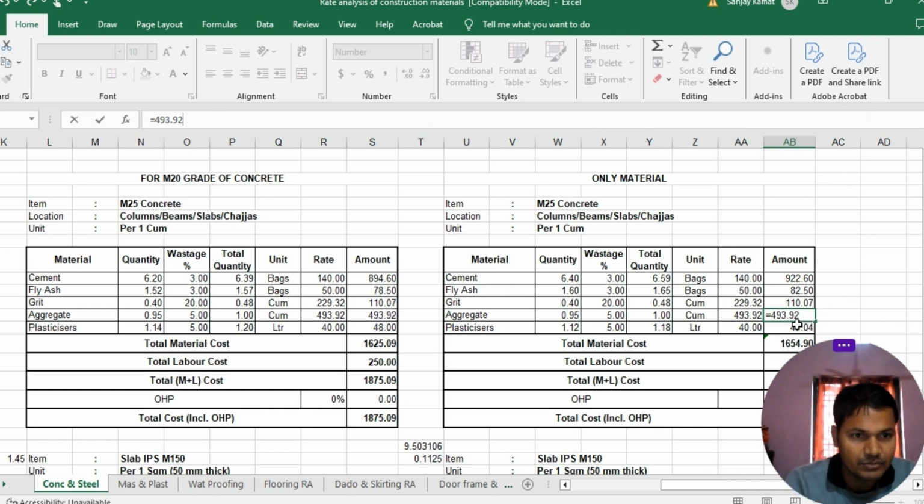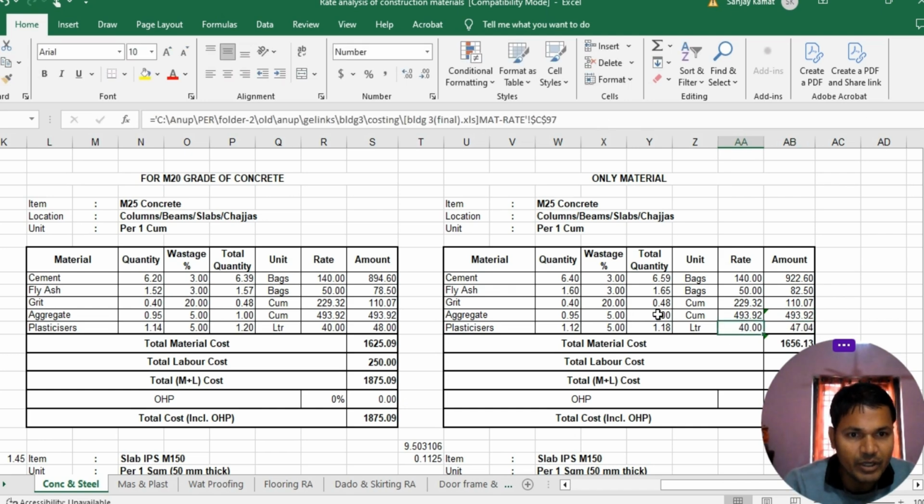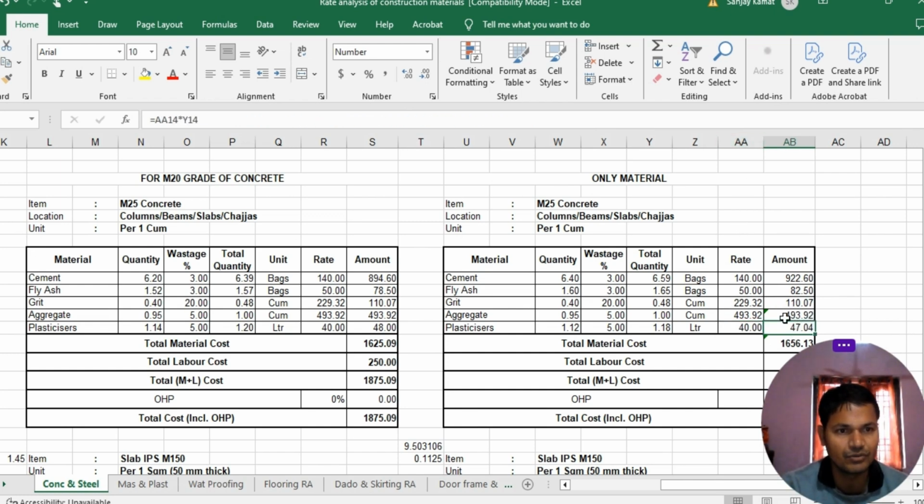If you multiply this by this, there is no change, so this value will not change. You can do it in the calculator and check.